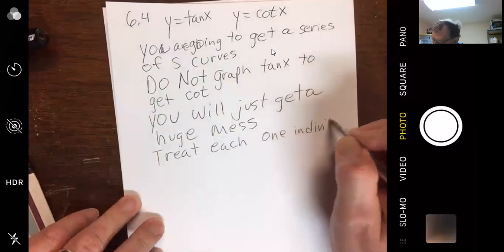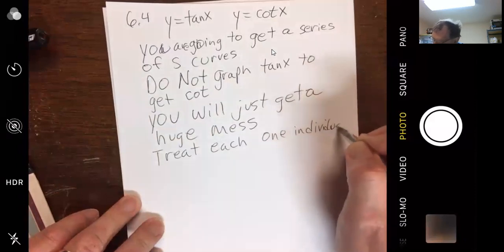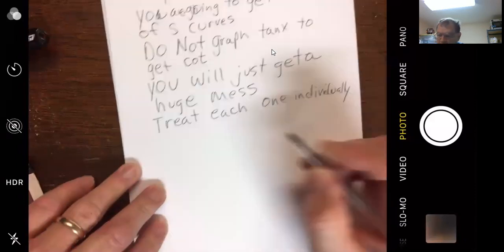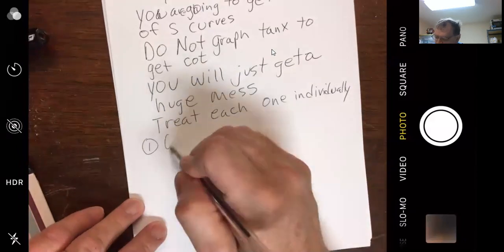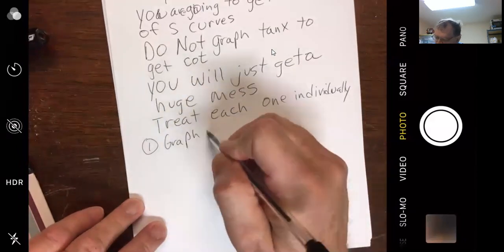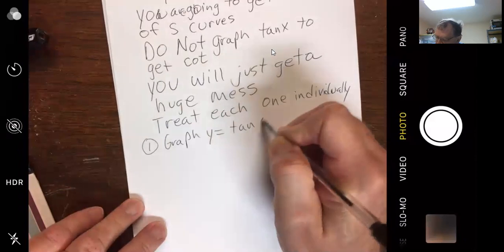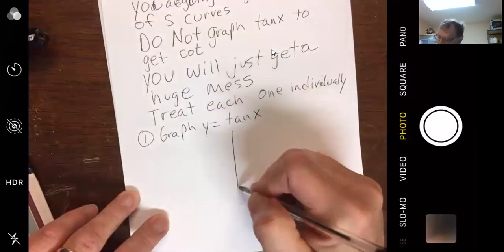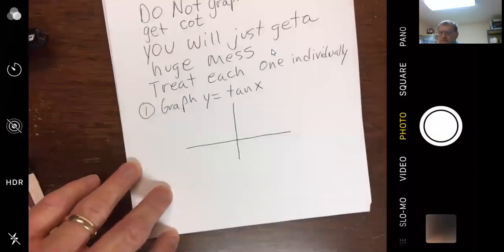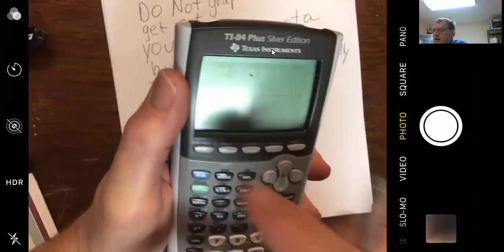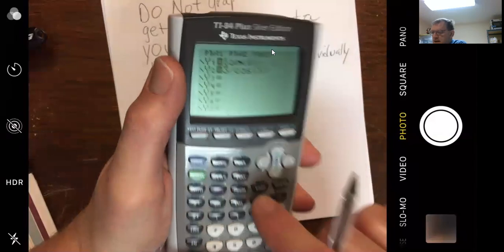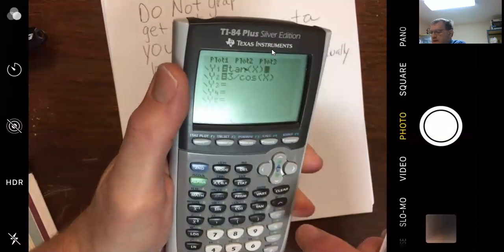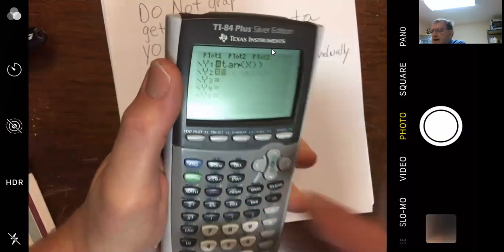I don't know if you have the patience for me to argue it out, or if you just believe the calculator. I'll just start with tangent. Graph tangent of x. So I'm going to go tangent x, and clear that.